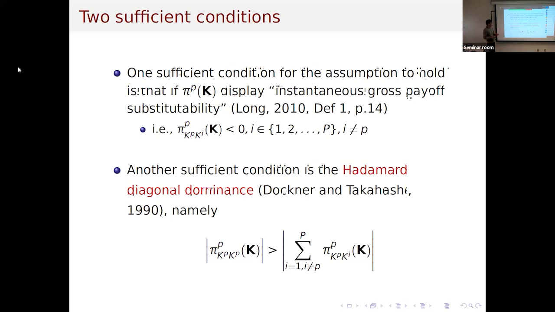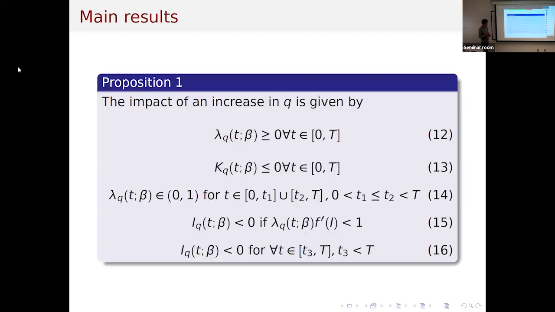Another sufficient condition is the so-called Hadamard diagonal dominance, defined in a joint paper by Dr. and Takashi. It is a mathematical term for saying that the own second order effect must outweigh the cross second order effect. So we have these two sufficient conditions.